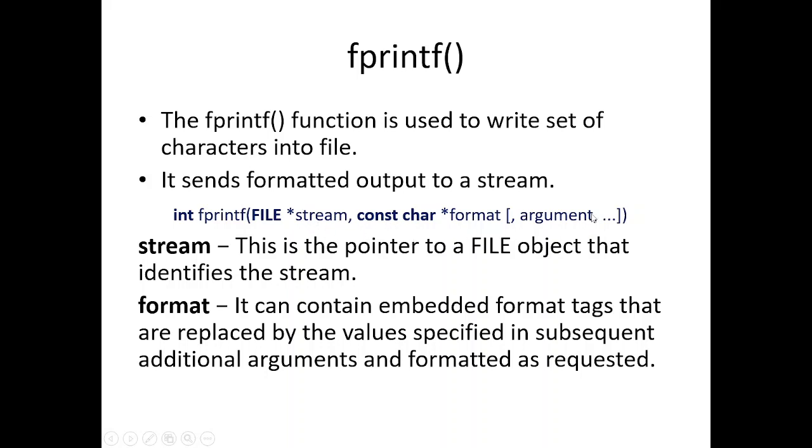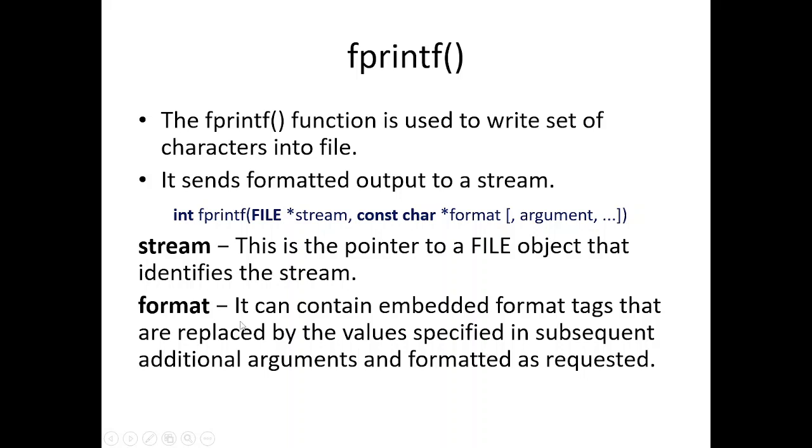Next, this is the format that we are going to specify, right? So while discussing the example, you will know it more clearly. So stream is the file pointer of the file object that identifies the stream, and format contains embedded format tags that are replaced by the values specified by subsequent additional arguments and formatted as requested.